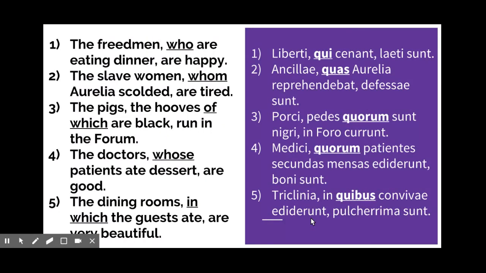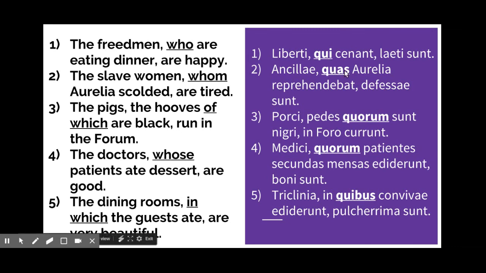I've given you the same sentences as before, only with plural forms, so that you can see how the English has not changed. The freedmen who are eating dinner are happy. So here's your plural, qui. The slave women whom Aurelia scolded are tired.